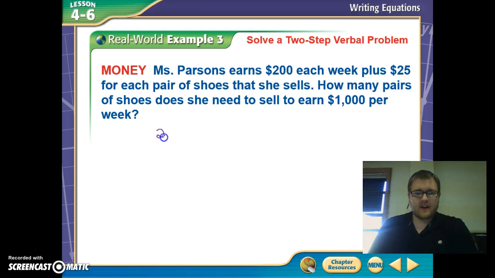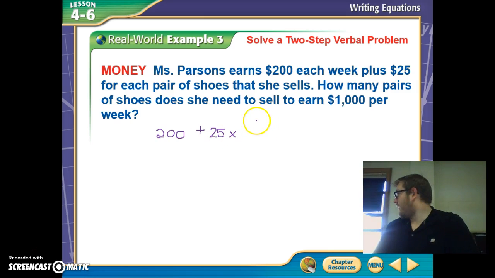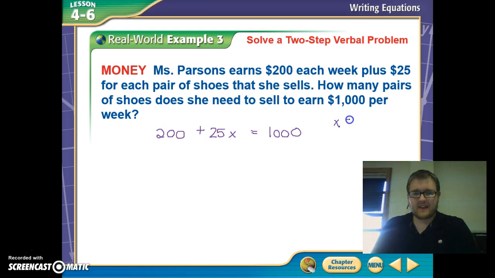So we know she earns 200 off the bat, plus 25 times the pairs of shoes she sells. So we'll call that X. How many X's or shoes does she need to sell to make 1,000? That's what we don't know. So we're trying to find what X is. That's the number of shoes she needs to sell.